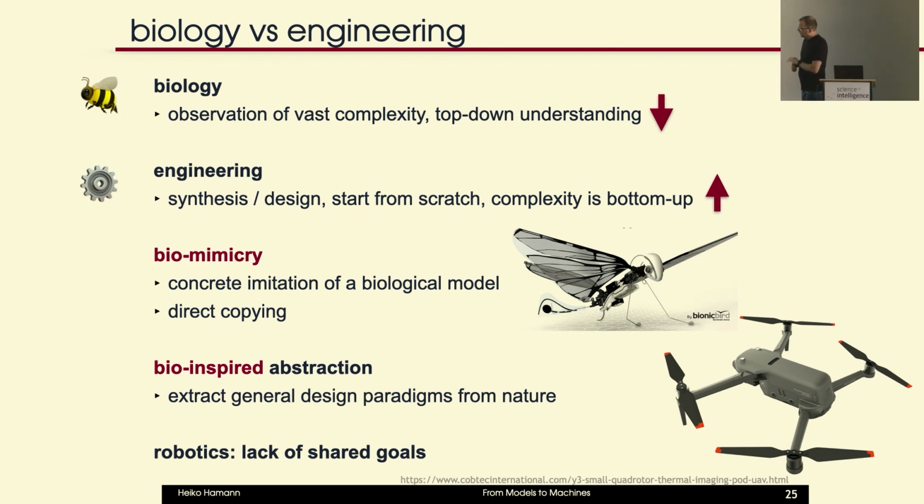And one more thing, but I'm only touching on that here quickly. We might have a lack of shared goals. Of course, you can program goals into your robots, but in an ant colony, they don't share all their genes, but it looks like they're happy to sacrifice themselves for the colony and so on.